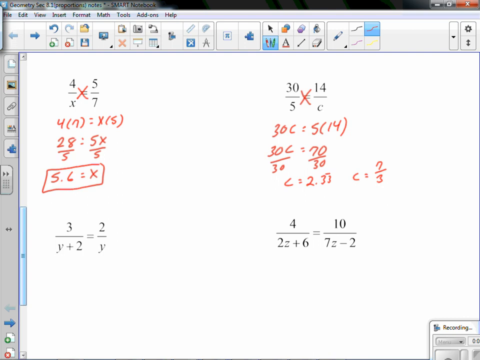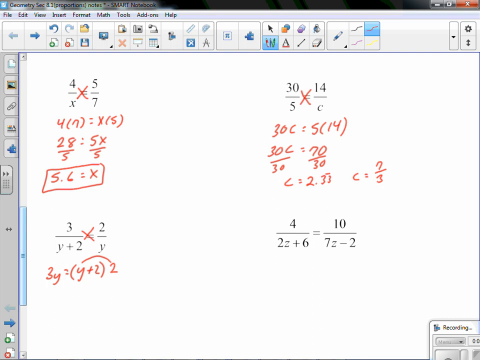Now, the next one down there, same idea, just getting a little more complicated. Got the y in two different places. And so multiply 3 times y, gives us 3y. And then y plus 2 times 2. So we got that 2 outside the parentheses, because we're multiplying the 2 times the whole quantity y plus 2.